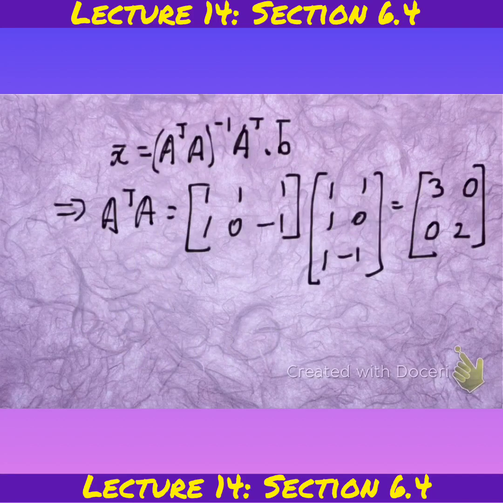So taking A's transpose and multiplying that with A is a straightforward procedure. You get that 2 by 2 matrix. Right, so therefore you're plugging that in.